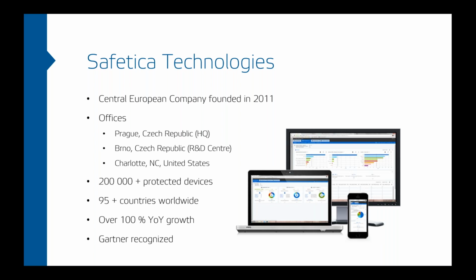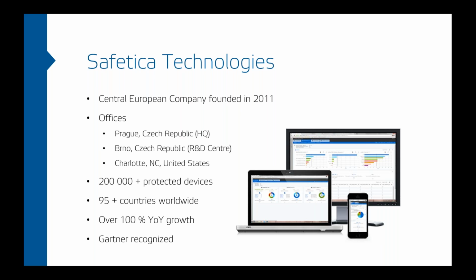We have 3 different offices: Prague, which is a lovely city you maybe know, Brno, which is like a university city of this country, and also an office near Charlotte, North Carolina in the United States, where we have a fully trained and skilled team to provide support for the United States.